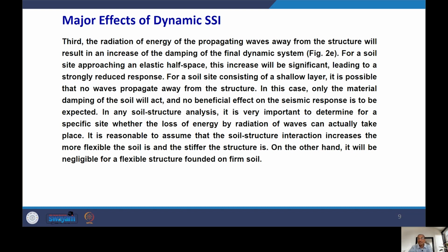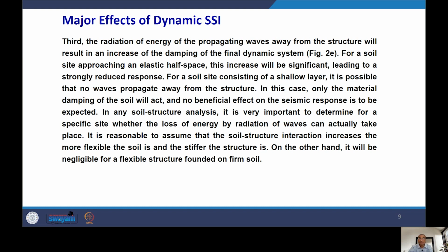Now, in any soil structure interaction analysis, it is very important to determine for a specific site whether the loss of energy by radiation of waves can actually take place. So we need to estimate whether there is a loss of energy due to radiation damping or not.